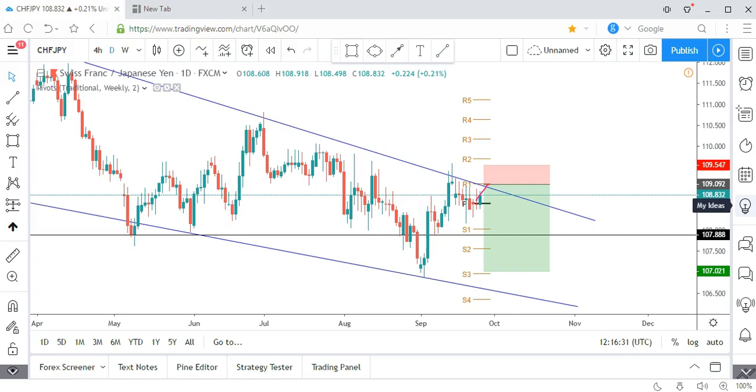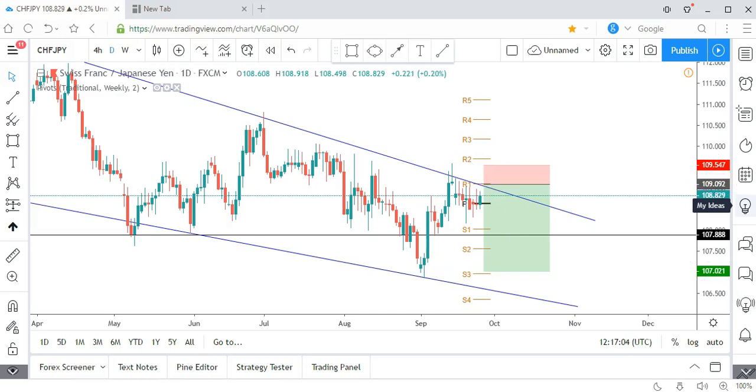If we get price rejection from the R1 again, and also a bearish impulse, we sell from here and trade it all the way down, while our stop loss will be at the 109.54 zone. This price here will be our stop loss price, and here will be our take profit price, and 109.092 is our entry price.